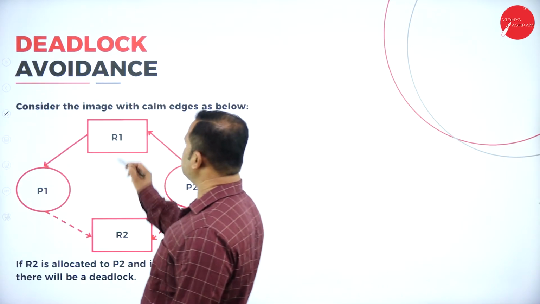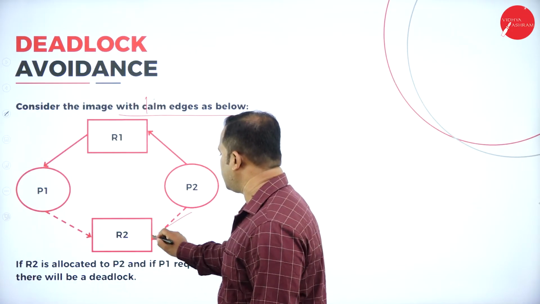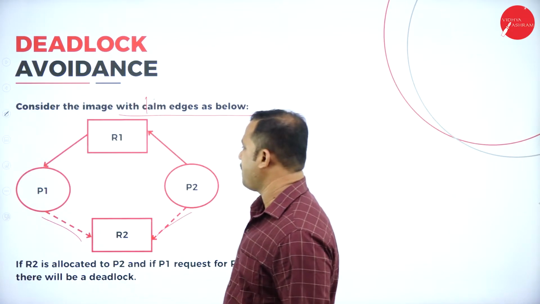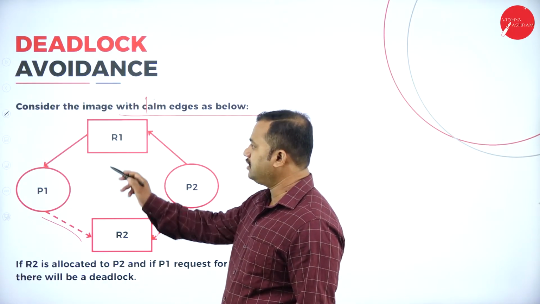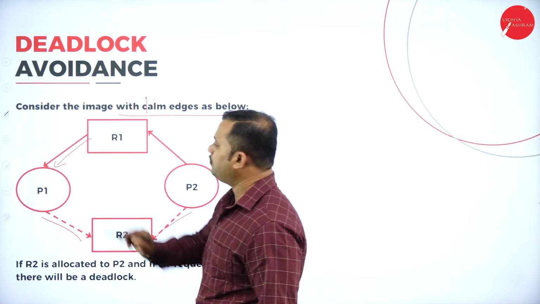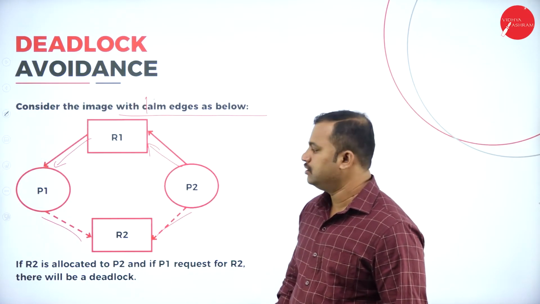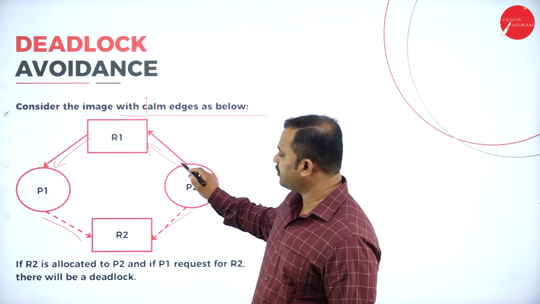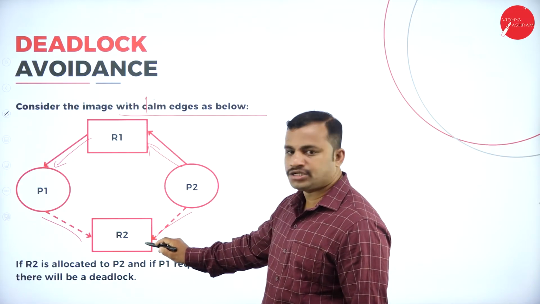If you consider the claim state, the claim edges below are called claim edges. Processes P1 and P2 are claiming resource R2, but resource R2 is assigned to process P1. P2 is also waiting for resource R1. So P2 is requesting R1 and claiming R2.